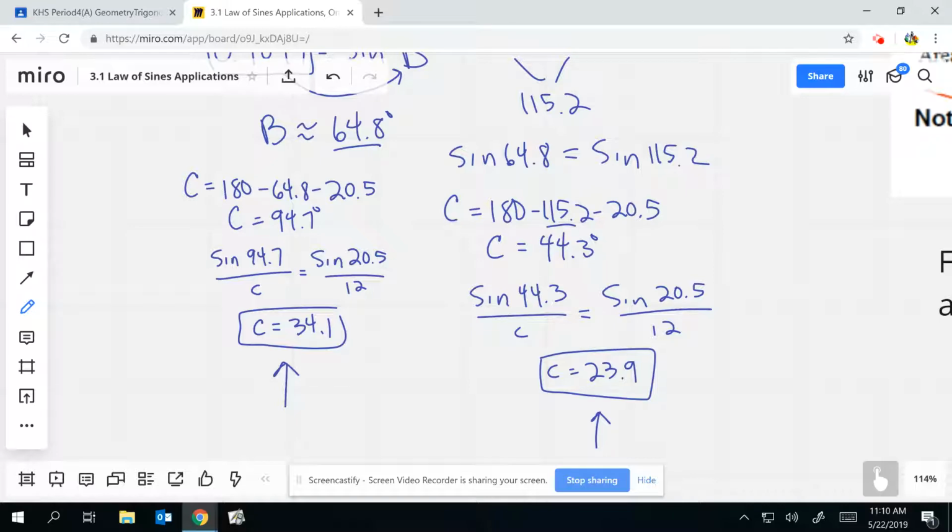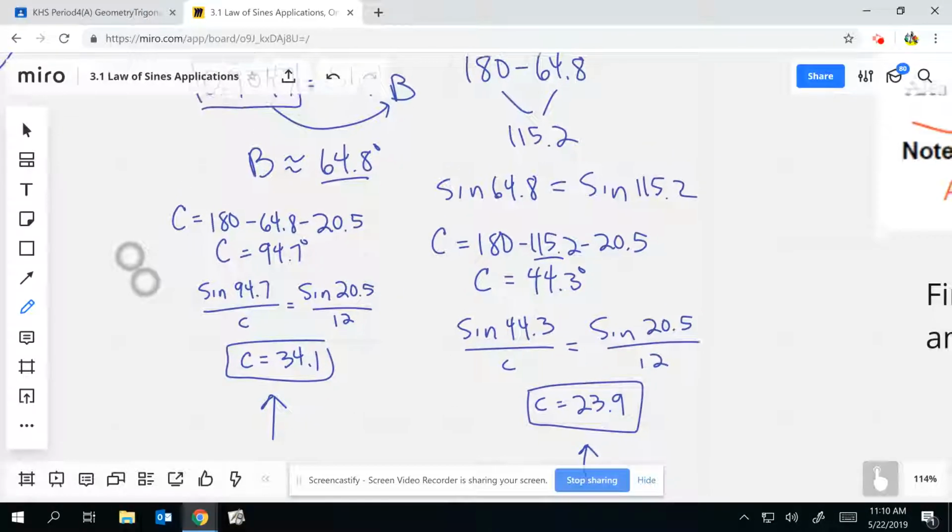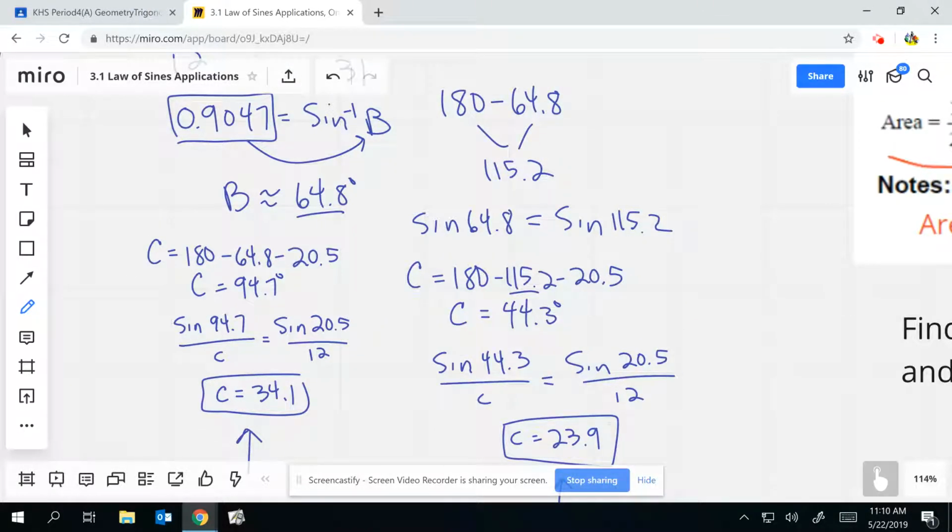So you're probably going to find the ones in the first quadrant anyways. But if you see in the back of the book when you're doing your homework that there's two answers, you'll know it's because your angle B was acute, and you could subtract it from 180 to get your other angle that would have the same sine value in quadrant 2. So that's how that one worked.